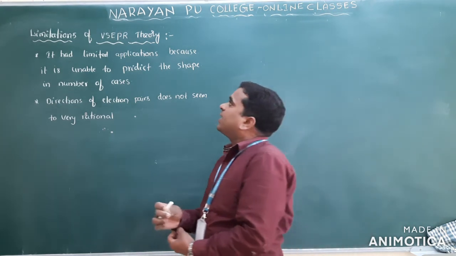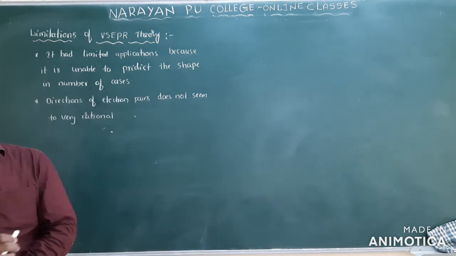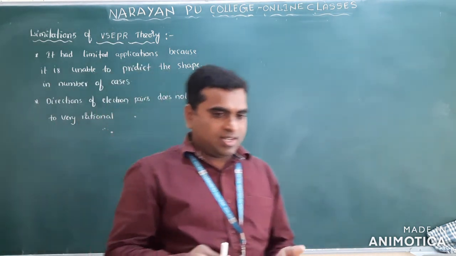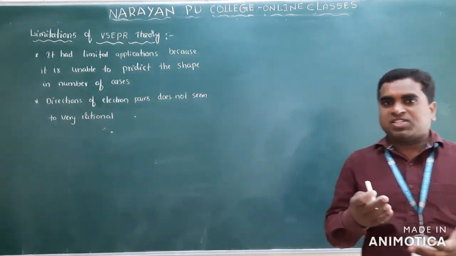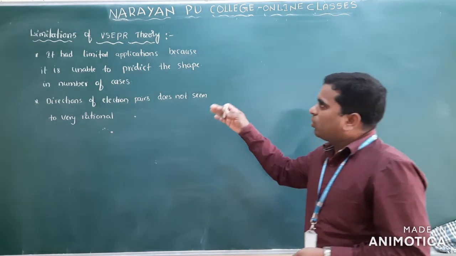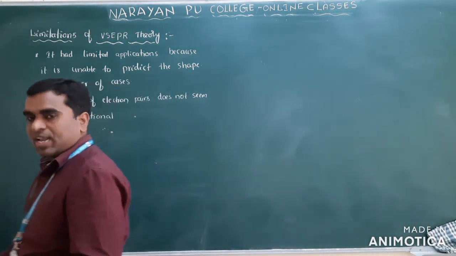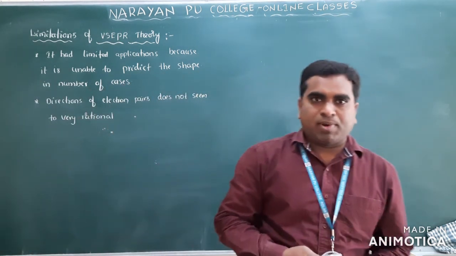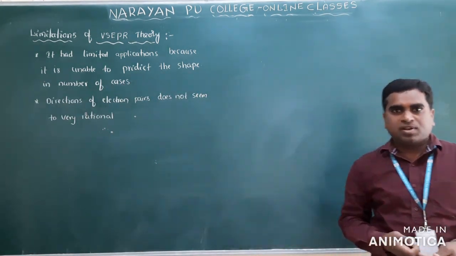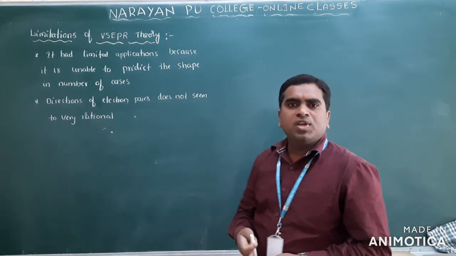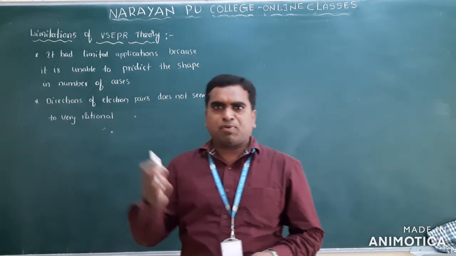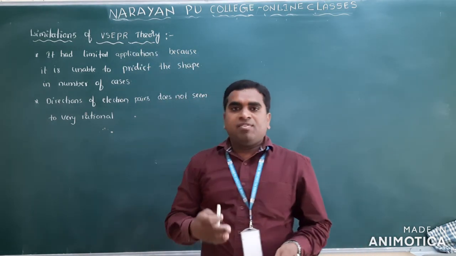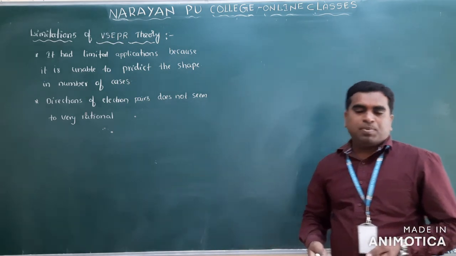So we have now completed VSEPR theory. I already mentioned that this theory is mainly to predict or explain the shapes of molecules. Clear? Now it also has some limitations, like the Lewis concept. The first limitation of the Lewis concept is that it does not explain the shape of the molecule, and that limitation is overcome by VSEPR theory.